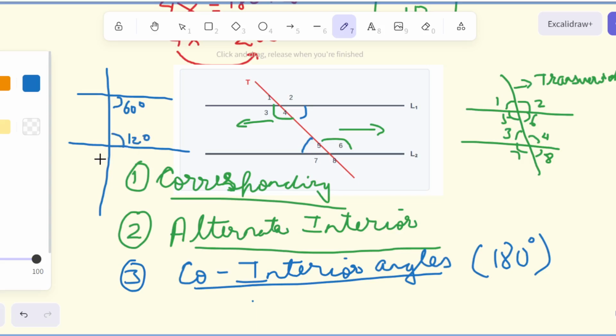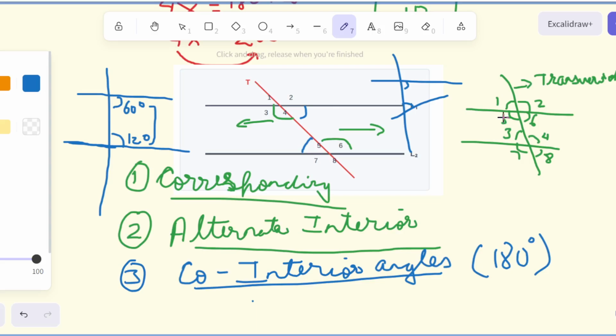Otherwise, it will not be a parallel line. That's why they always add to 180. If they do not add to 180, this will not be parallel. So one line is like this, the other will be like this. Are you getting it? If they do not add to 180, they will not be parallel.